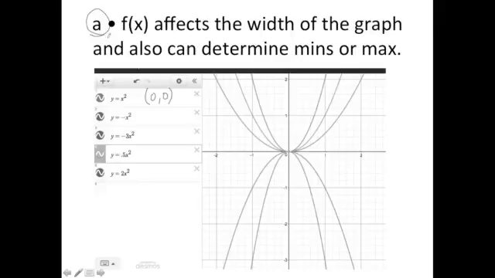It affected the width of the graph, and it also affected its minimums or maximums. So if A is positive, it opens up. So I'm looking at this one opens up, this one opens down, this one opens down, this one opens up, and this one opens up. Okay, so that is very helpful to us.